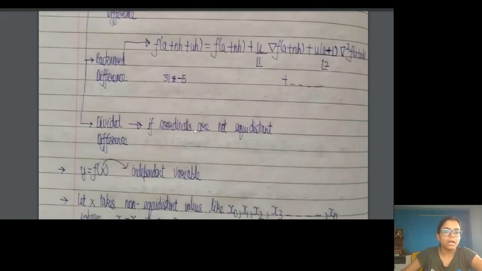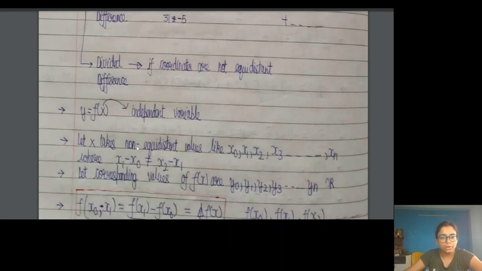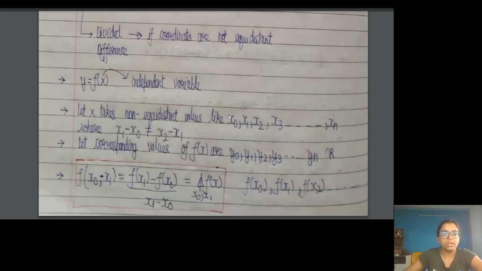Here the coordinates are not equidistant. If we take any x between x0, x1, x2, x3 till xn, then x1 minus x0 is not equal to x2 minus x1.